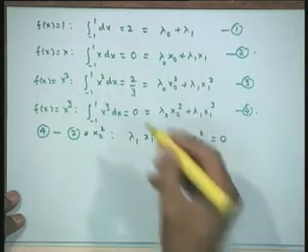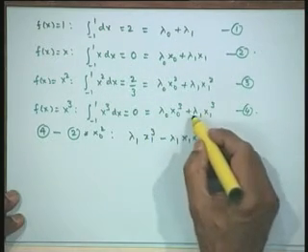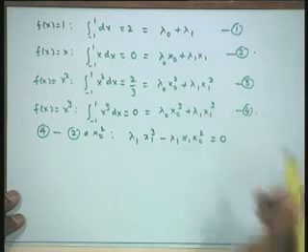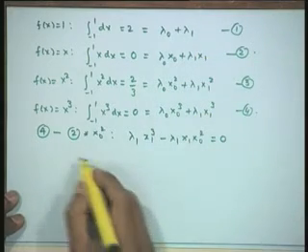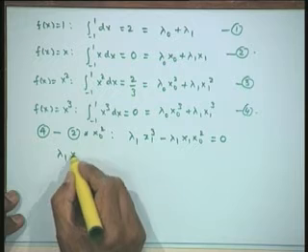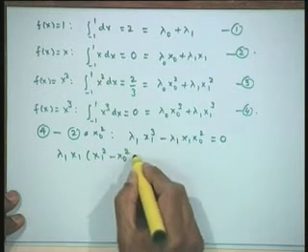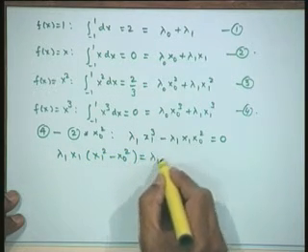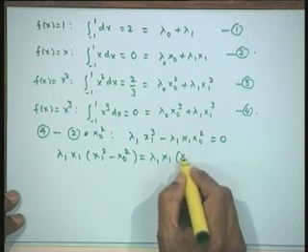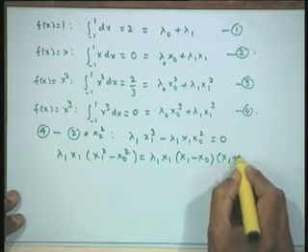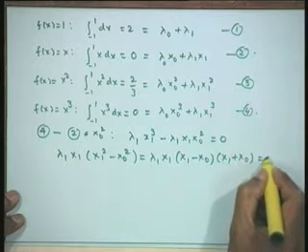The right hand sides are both 0. Let us simplify this. This is lambda 1 x 1 times (x 1 squared minus x naught squared). Let us write one more step and put it equal to 0: lambda 1 x 1 (x 1 minus x naught)(x 1 plus x naught) is equal to 0.